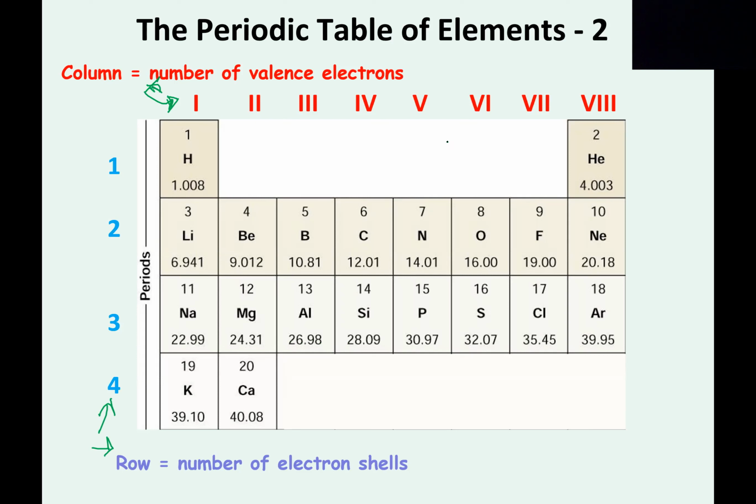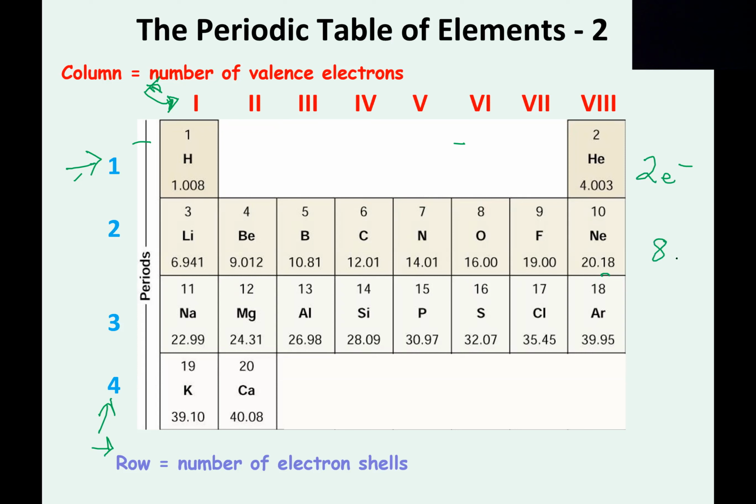Now, the closest shell to the nucleus is always labeled as number 1. There are 2 boxes in the first row of the periodic table. So that means there's going to be up to 2 electrons in that shell. There are 8 boxes in the next row.